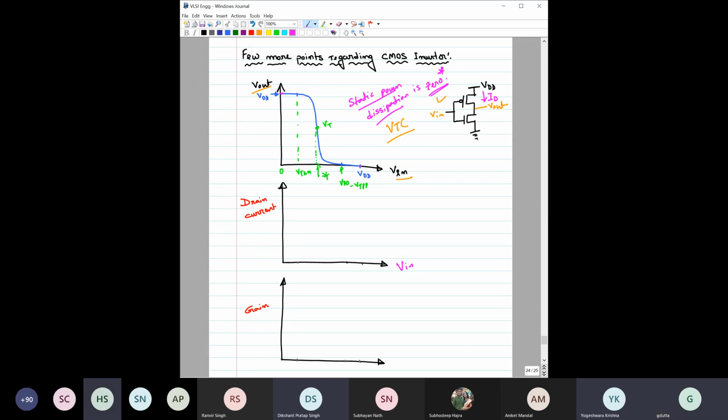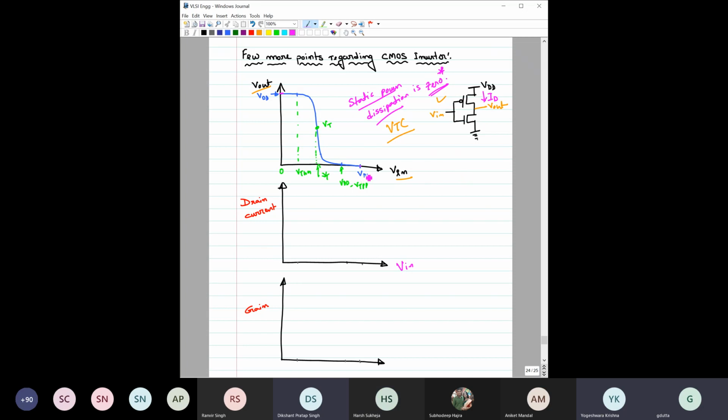Sir, I have a doubt in the first graph. Like, how long does region 3 last in seconds? Can you give an idea, how much does the transition take in time? This is not time, right? The x-axis is V in. No, sir, I'm saying if I switch 0 to 1, approximately how much time?